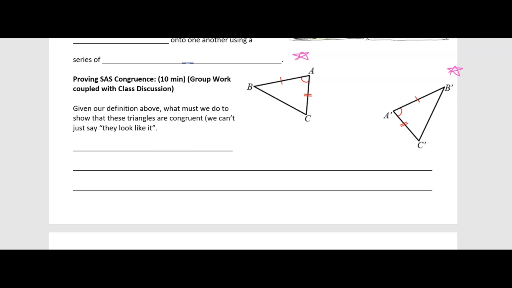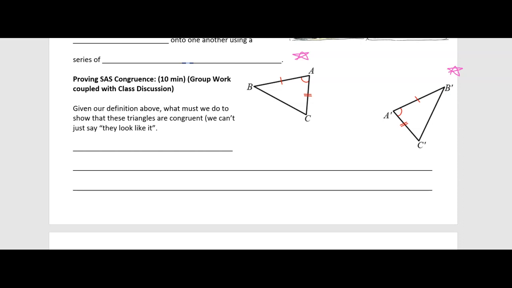Now, what we want to prove is that if we have any 2 triangles, right, it doesn't matter whether they're acute triangles, obtuse triangles, right triangles, triangles whose sides are inches, triangles whose sides are centimeters, triangles whose sides are even miles. We don't care how long the sides are or how big or small the angles are. As long as they fit this criteria, where they have two sets of congruent sides and one set of congruent angles, well, those triangles will always be congruent, right?